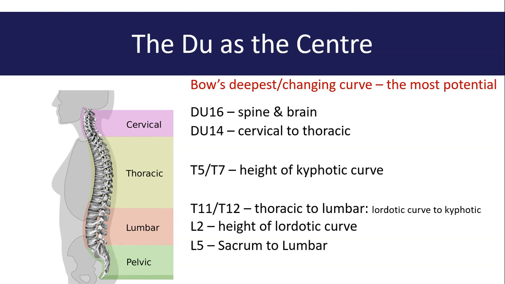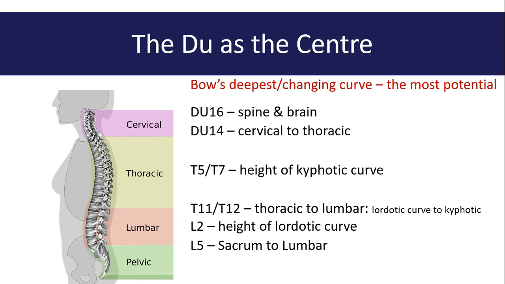At T5 to T7, you have the height of the kyphotic curve. And at T11, T12, you have that change, the transformation from thoracic to lumbar, or from kyphotic curve to lordotic curve. At L2, you have the height of the lordotic curve. And at L5, you have a transition from sacrum to lumbar.